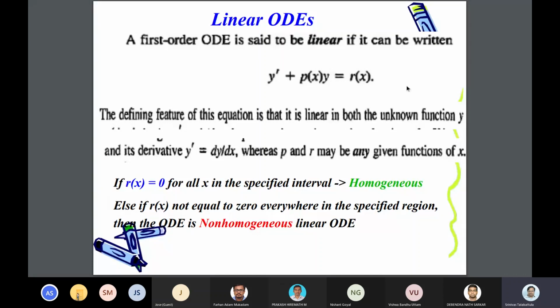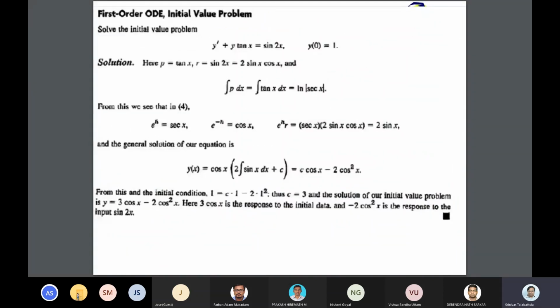So the set of linear equations which have no forcing function, or the right hand side 0, are called the homogeneous differential equations. If you have a right hand side also, it is called non-homogeneous. This is important from the solution point of view also, not only from the phenomenology point of view. So a lot of examples are there, a lot of tricks, a few more coming.